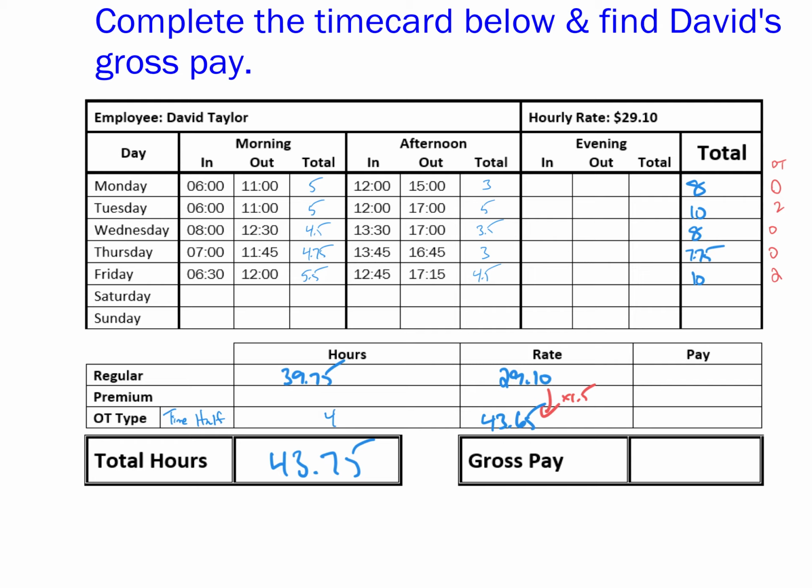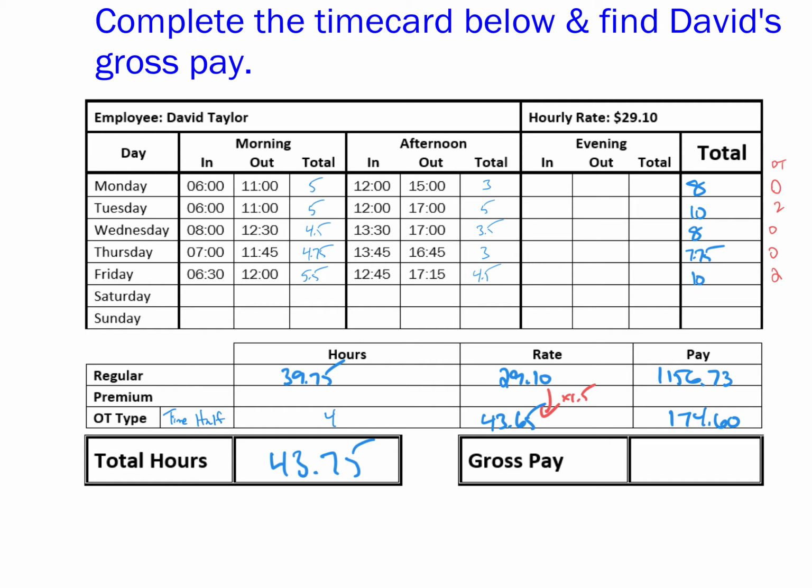What's the regular pay? 1,156, and then it says 725. Yeah, so 725, we'll round that up to 73, because that 5 bumps that 2 up to a 3. So it's $1,156.73. How about the overtime pay? $174.60.